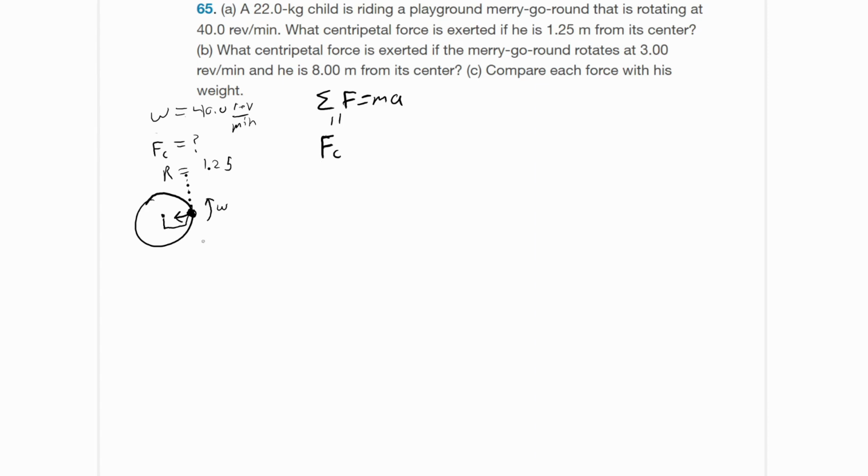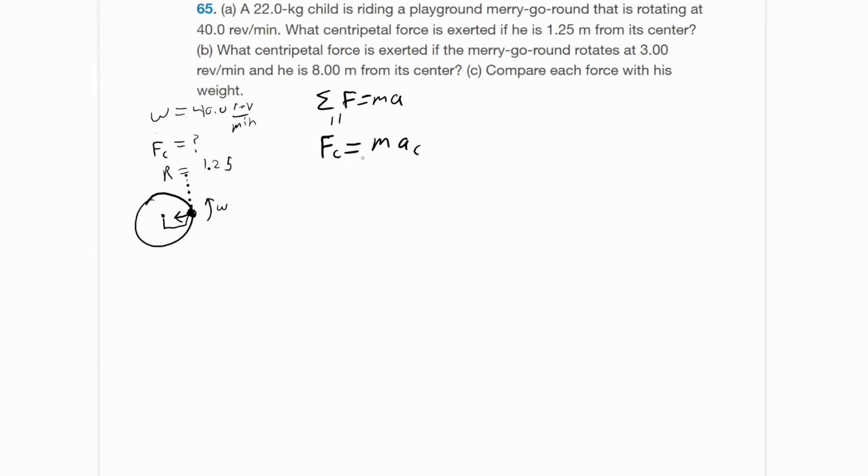The centripetal force is always just going to be the net force when it is undergoing uniform circular motion. Uniform circular motion is just a special case of Newton's second law. The centripetal force is going to equal the mass times the centripetal acceleration. So it's just a rebranding of this one for this case.